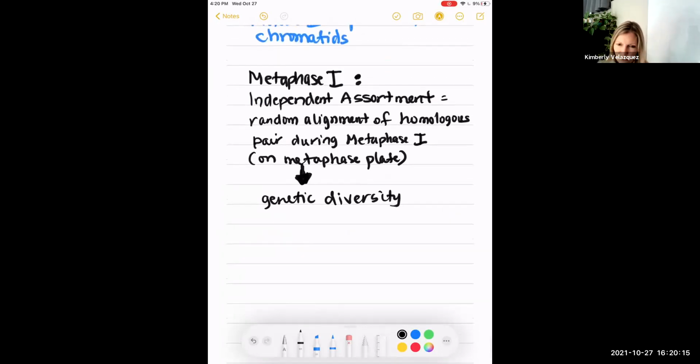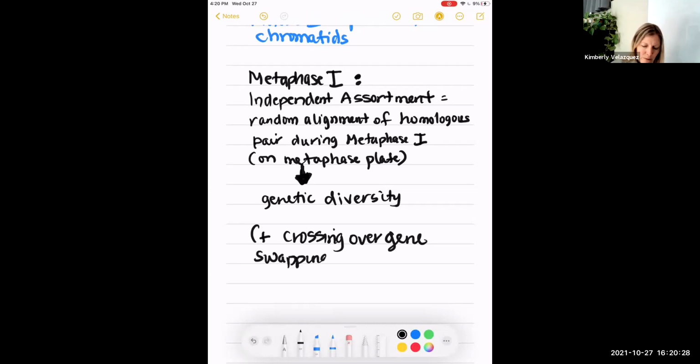Okay, independent assortment is how we're going to get genetic diversity. Remember, plus crossing over, which was the gene swapping in prophase 1. Now in prophase 2, that doesn't happen because remember the homologous chromosomes have been separated.